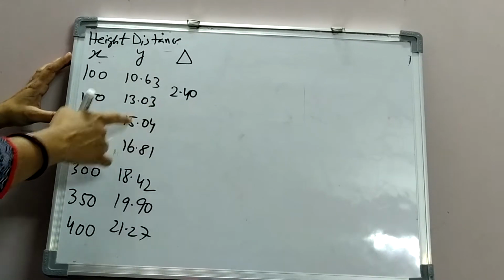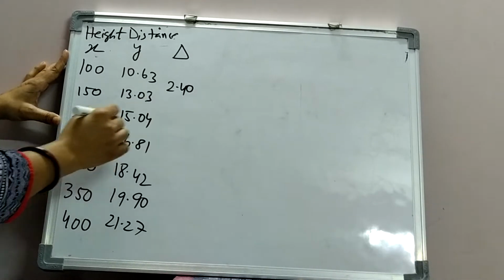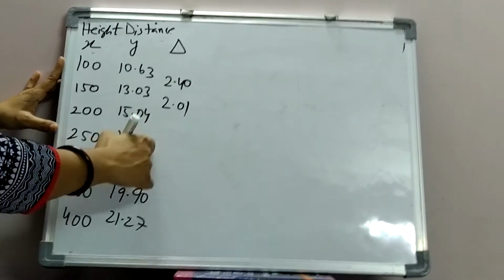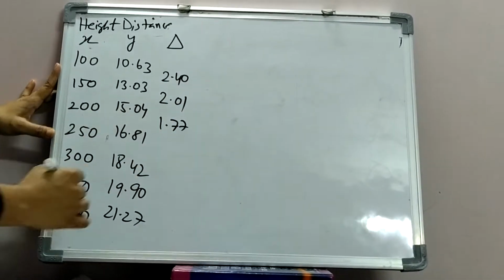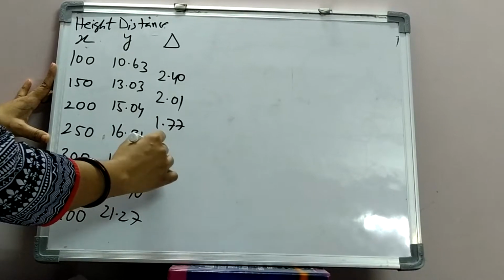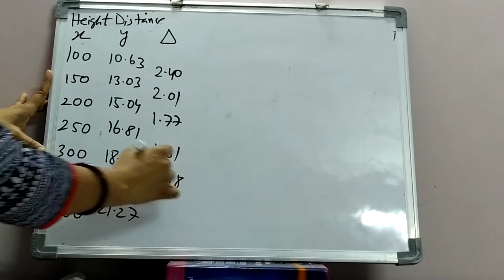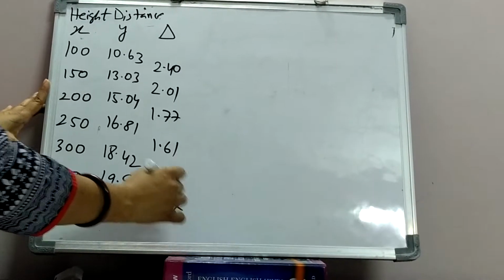Similarly this minus this: 15.04 minus 13.03 will be 2.01. Similarly this minus this, the value will be 1.77. Likewise here we get 1.61, here 1.48 and here 1.37.